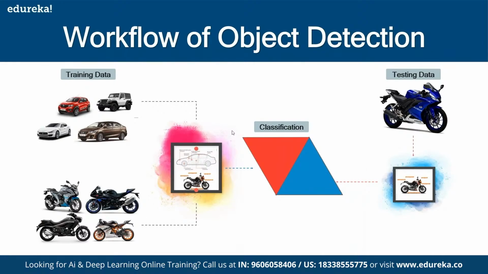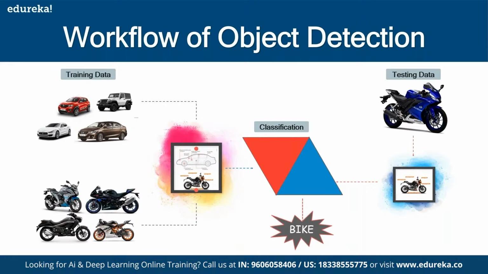So that's how a typical object detection flow will be. This is actually talking about classification, and once we have done that, we can also draw a bounding box around it and say where exactly that given object is. This is just an overall view of how the training will be.